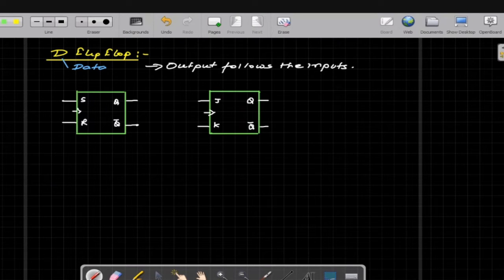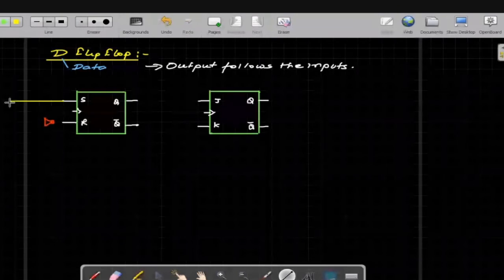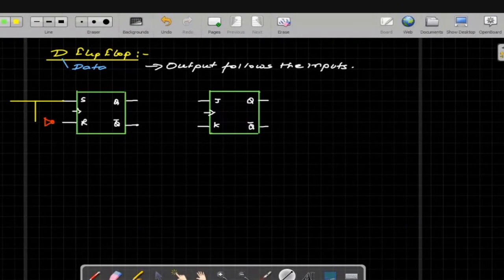We have to use one NOT gate here and connect these terminals in this fashion.